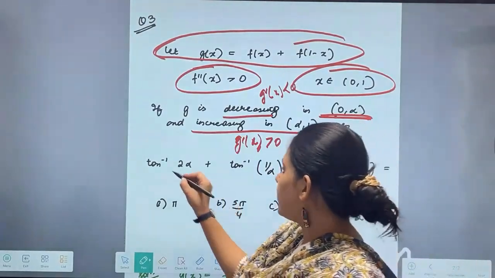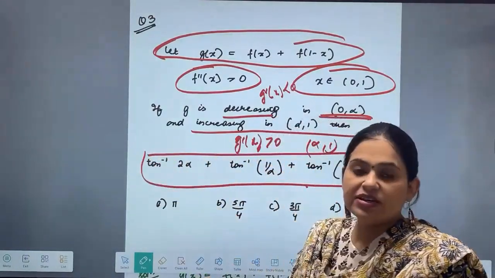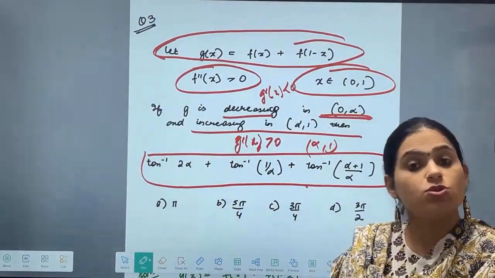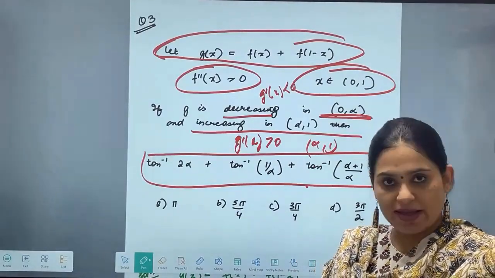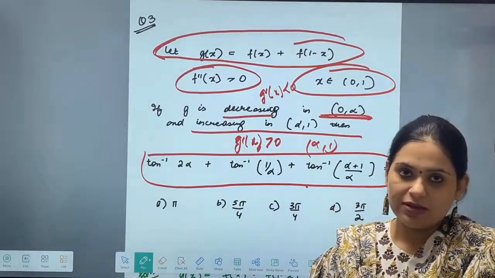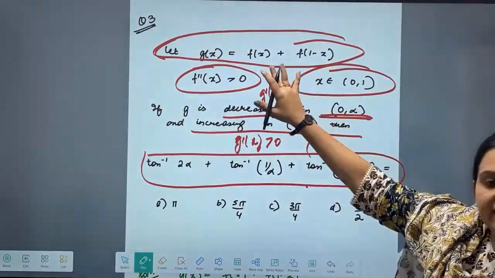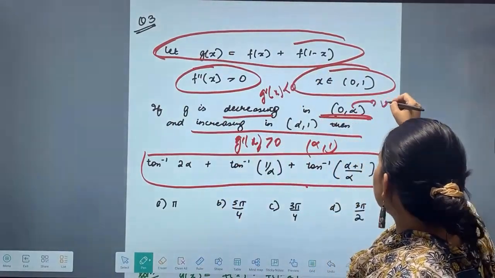Now what's the question asking? The question is asking you to find this: tan inverse 2 alpha plus tan inverse 1 by alpha plus tan inverse alpha plus 1 by alpha, and which value would that be? Now think. All the information given above will only help you identify the value of alpha.